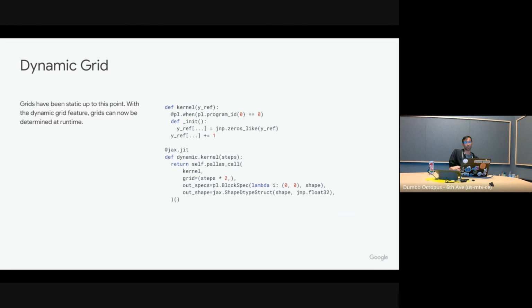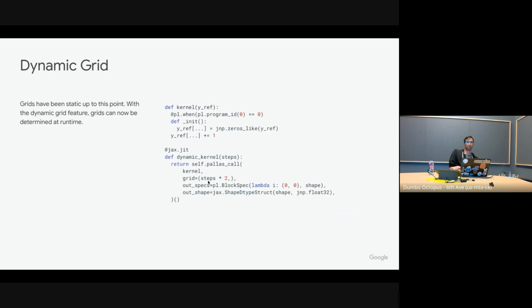Another aspect, and this is a bit more of an experimental feature, and it is actually used in the MegaBlocks kernels. Previously, grids were basically static iteration spaces. If you have a 2x2 grid, you're going to have 4 iterations, and it's always going to be 4. But now you can pass in a runtime value, and that can be used to parameterize the grid.